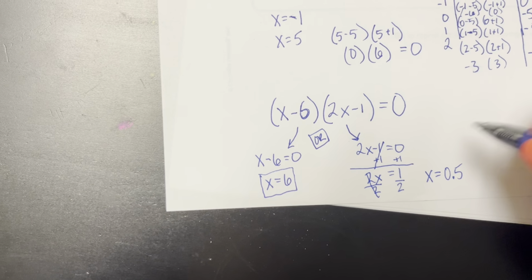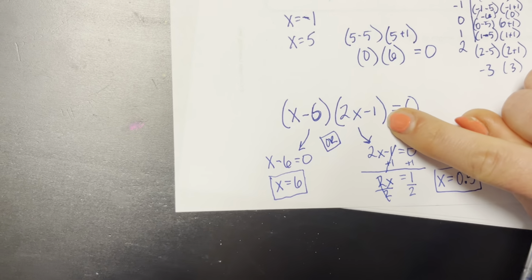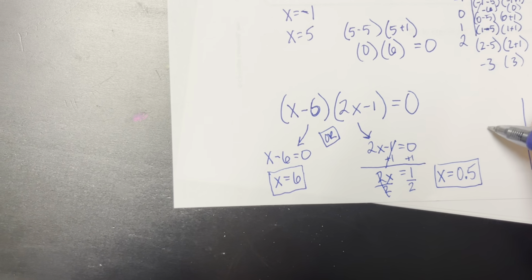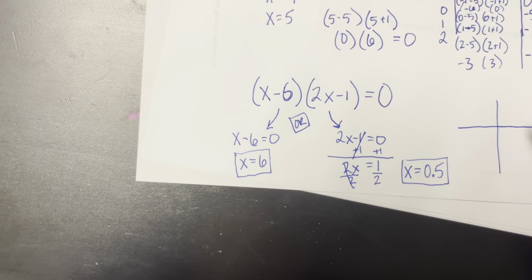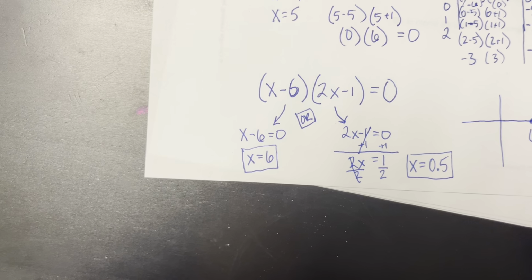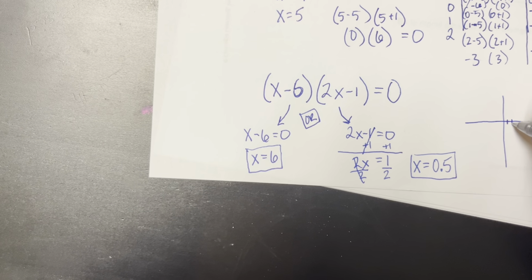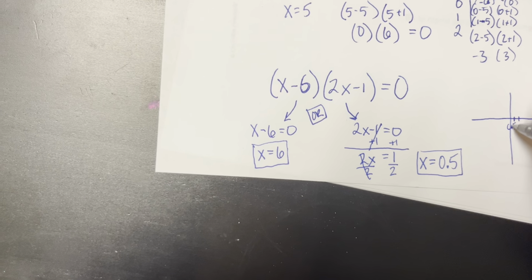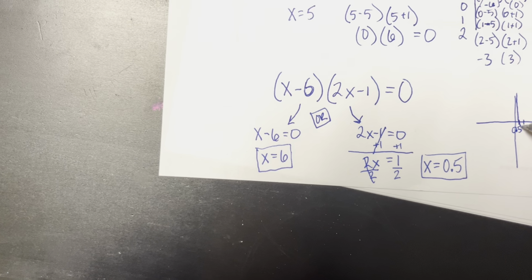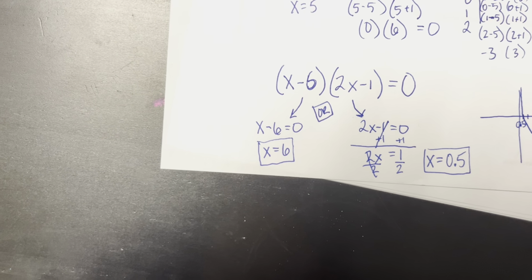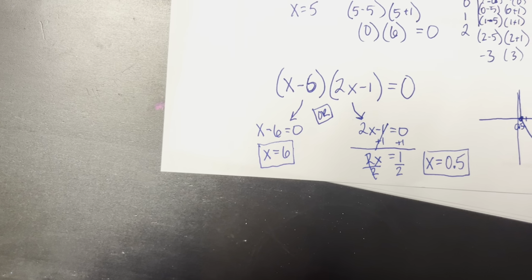So if you were to graph this equation in Desmos, you would get a happy parabola that crosses through 6 and 0.5. The parabola would cross there and cross there, and that is the answer.